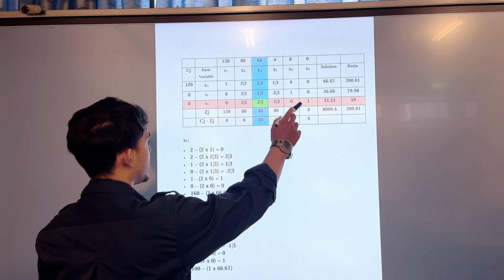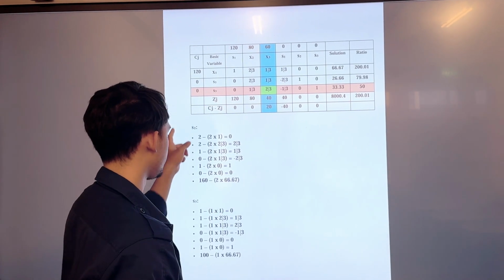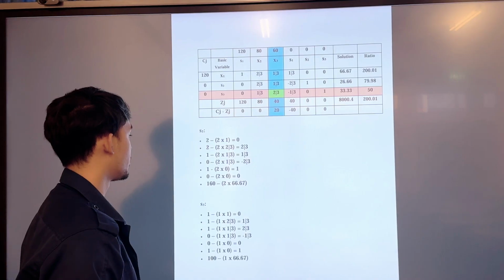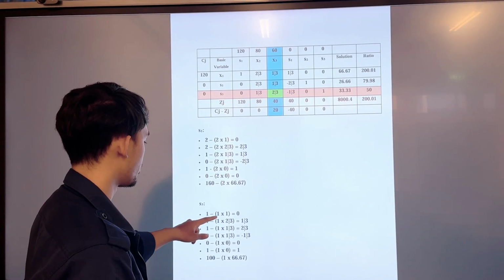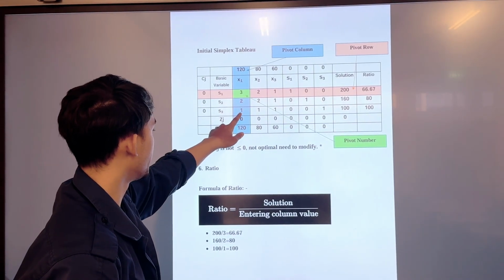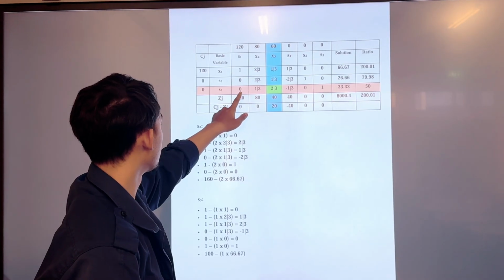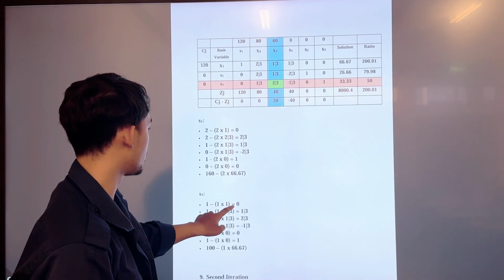Next, S3 is the same thing as S2: 1 minus 1 times 1 equals 0.